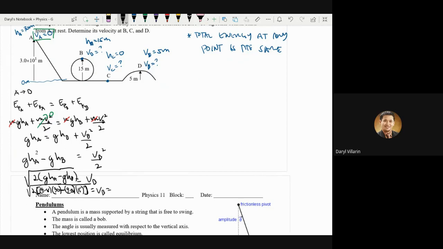So that should be equivalent to 17 meters per second.